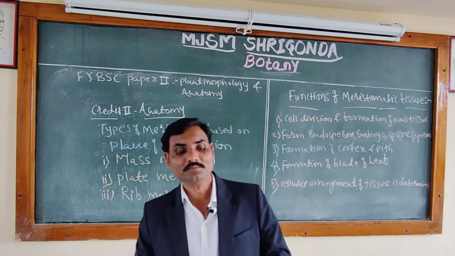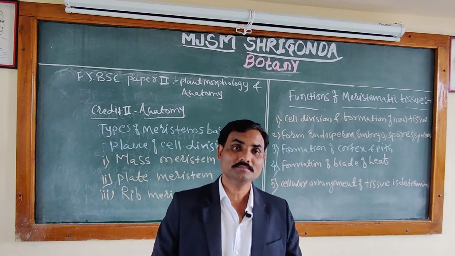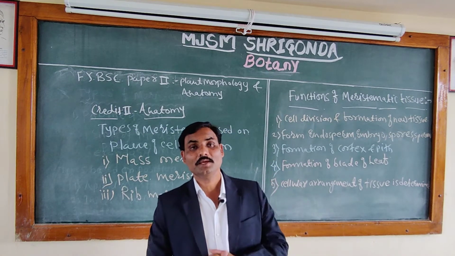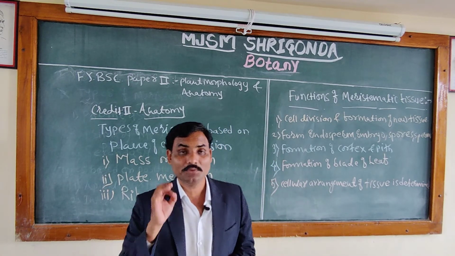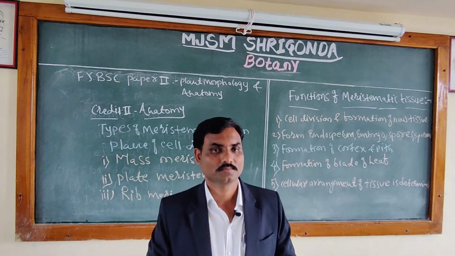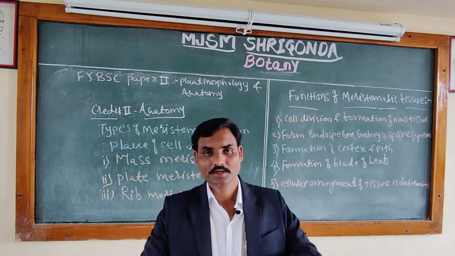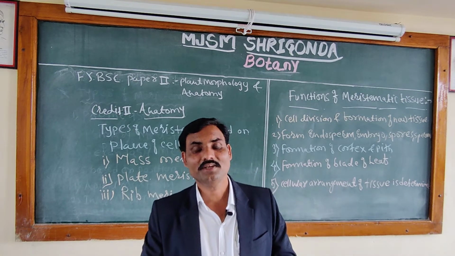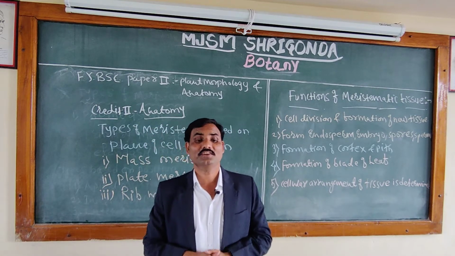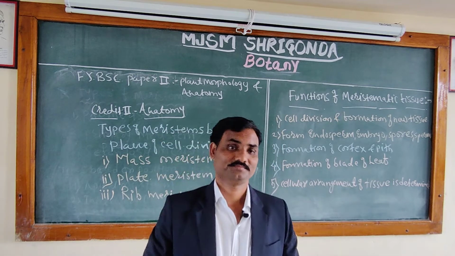And in these meristems, first is our mass meristem. What is mass meristem? The mass meristem exhibits division in all planes, means increasing volume. It exhibits division in all planes, all sides, and it results in an increase in volume.